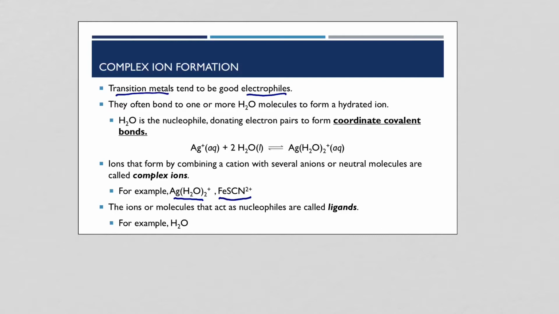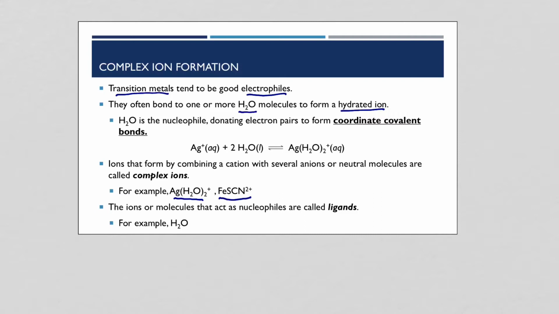As a result, they will often bond to one or more water molecules if they're in an aqueous solution to form a hydrated ion, right? So when we have these metal cations in solution, they aren't just there by themselves. They are typically coordinated with multiple water molecules.